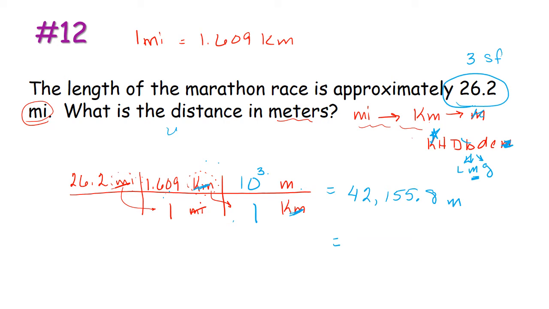So there's a couple of ways you can do it. 4, 2, well, I need these 3 digits, and the 5 says to do what to the 1? Round up to 0 meters. That works. Or you could have used scientific notation as 4.22 times 10 to the 4th meters. Either answer is acceptable. You just need 3 sig figs.